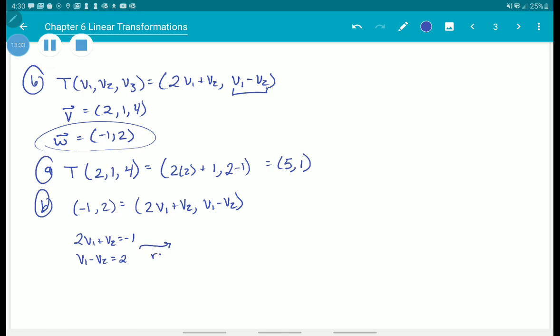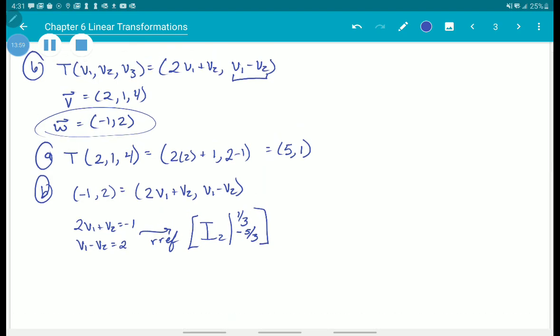And we're going to do some REF here. And I got 1/3, negative 5/3. So you have to be careful with this one.